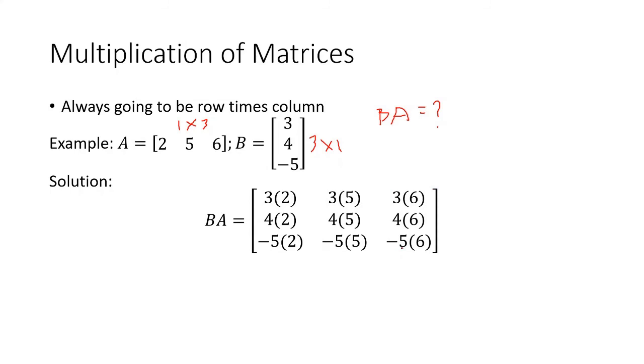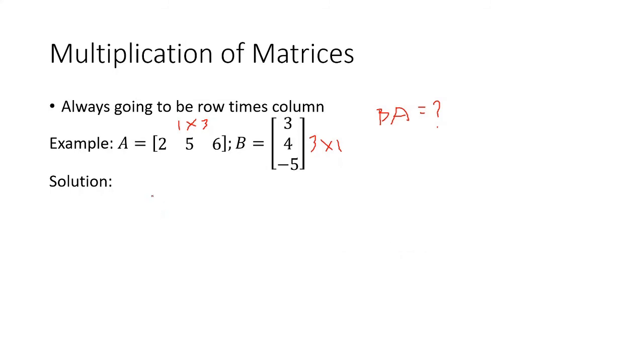Okay, so we're going to find BA. Remember, rows times column. So row ani B ang atong i-consider na first matrix, then column ani. Di ba, 3 by 3 man siya na matrix.